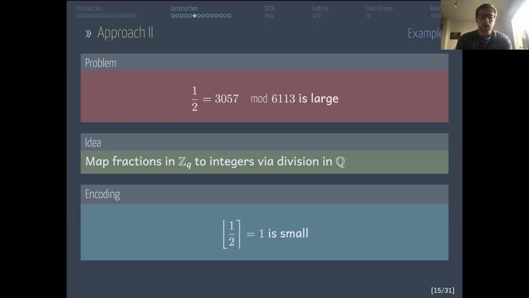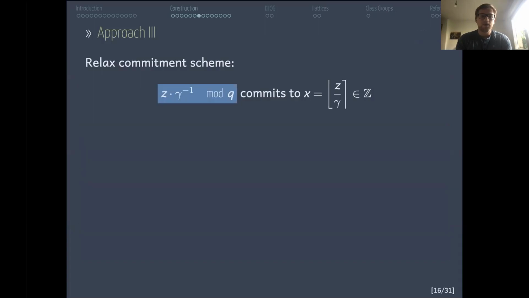But if we adapt the commitment scheme such that this encoding is interpreted as the committed value, then the committed value will retain shortness if both parts of the opening are also short.